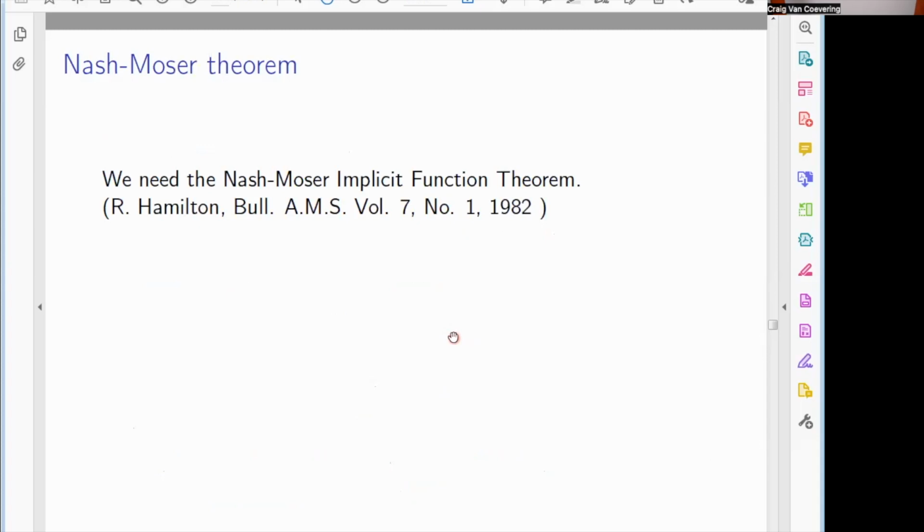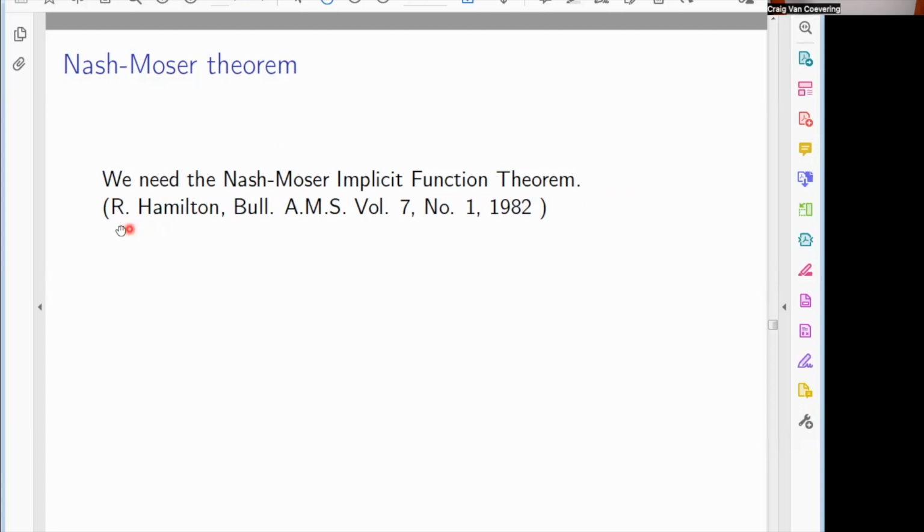But this is a common use of the Nash-Moser theorem in deformation problems, because sometimes you differentiate something and you get an elliptic operator as the derivative, but the elliptic operator is of lower order than your original function. I think that's a situation where the Nash-Moser theorem is useful and has applications.